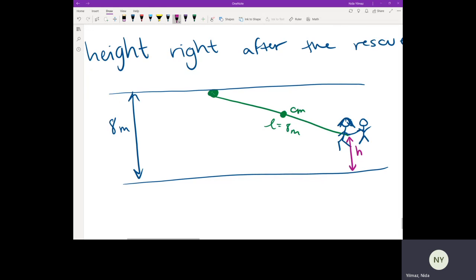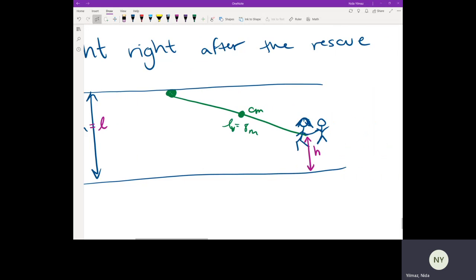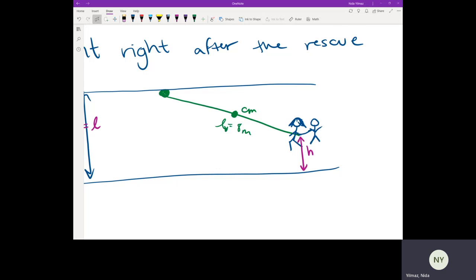Here we've defined 8 meters, which we'll call L, and this is H. So the problem we run into is that our center of mass is right here.